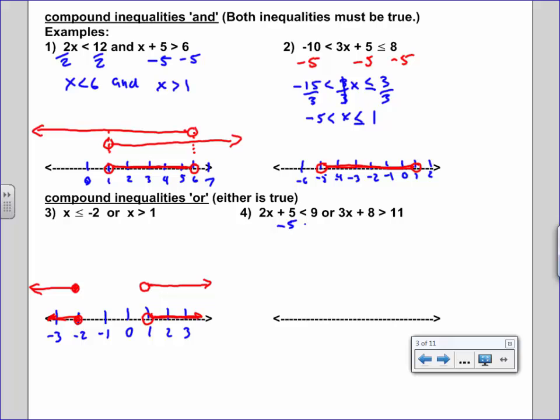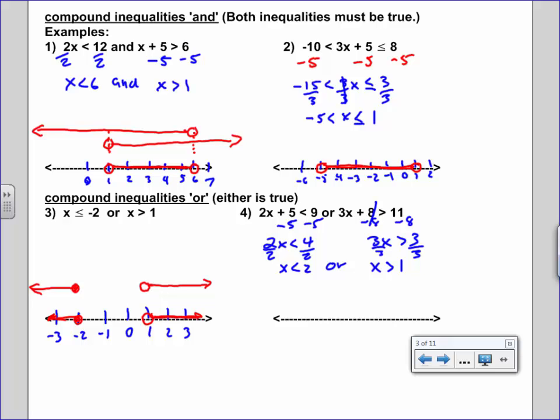Subtract 5, subtract 5. We have 2x is less than 4. So x is less than 2, or subtract 8, subtract 8. X is greater than 1.